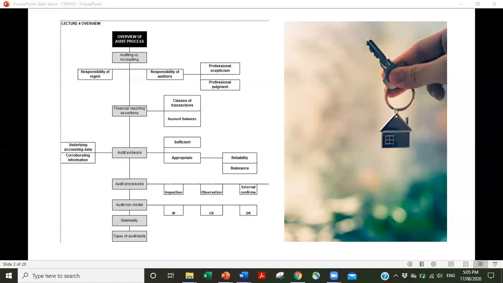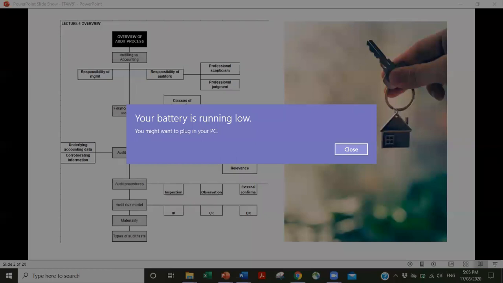We need to consider our risk, we need to consider materiality, and there are a number of different types of audits that we can do. All of those are the process, if you like, before you actually get to signing off the accounts. Now, as you can see in this overview slide, the responsibility of management is to prepare, and they use the same data.